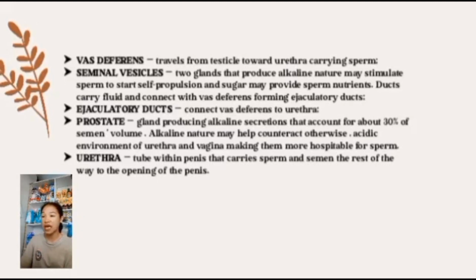So, ang prostate di ay mag-produce siya sa alkaline secretion that account for 30% of semen. So, ang sa kuan daw sa lalaki, mag-produce siya 30% semen sa kuanan babae. So, yan na.